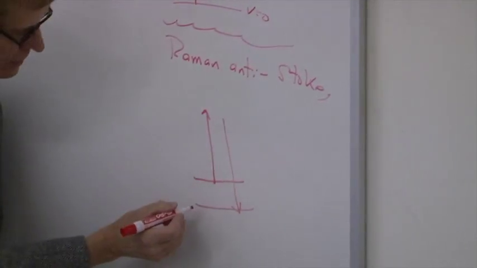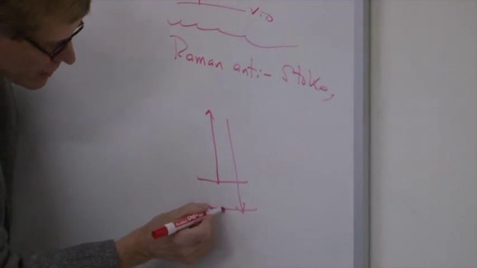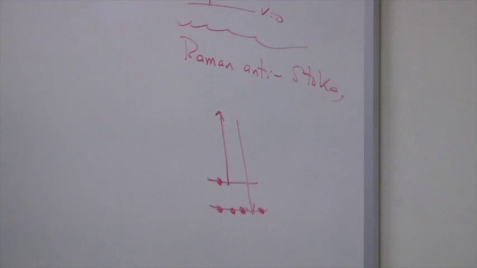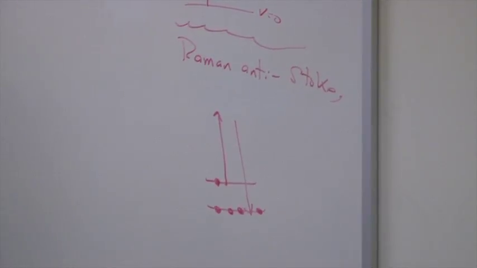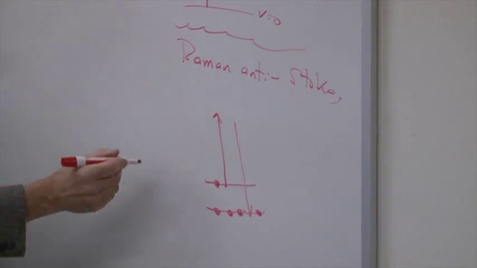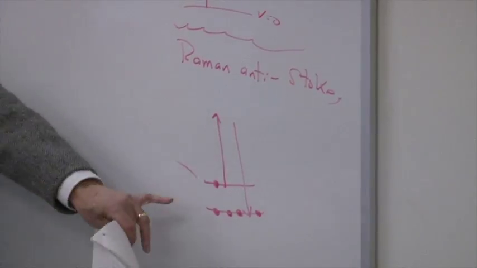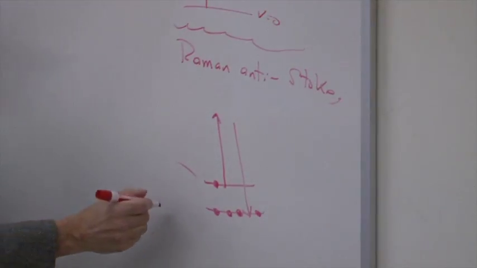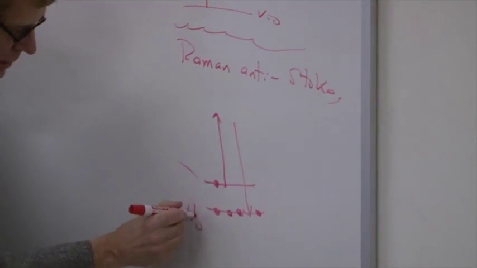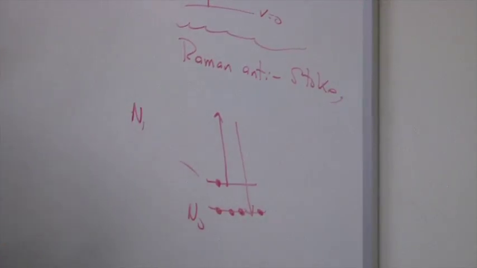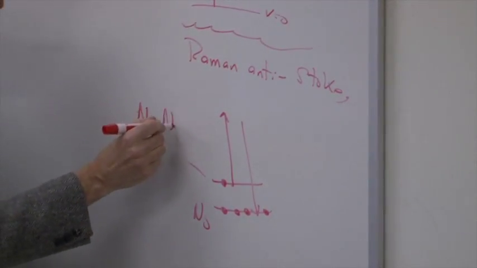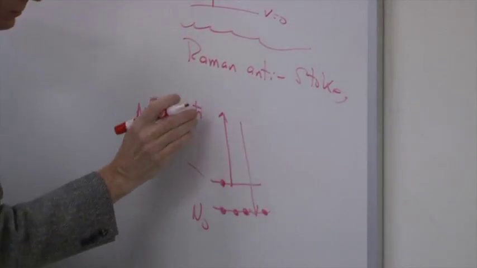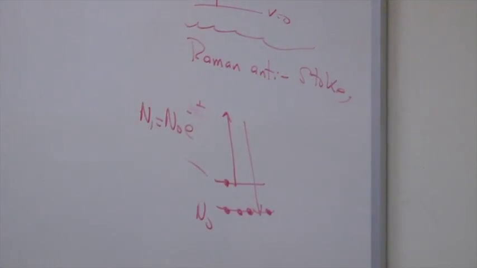But typically, you have much more population in the ground level than you have in the excited level. And that's why the Raman Stokes is much stronger than the Raman anti-Stokes. The relative population between the ground and the excited state is just given by the Boltzmann factor. So if this is N0, then the density in the first excited state would be N0 e to the minus, I ran out of space.